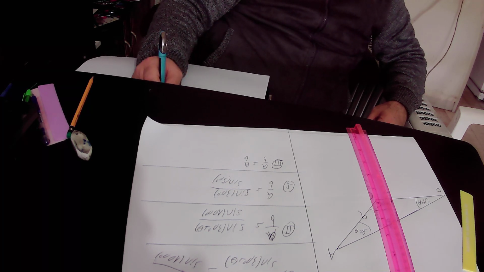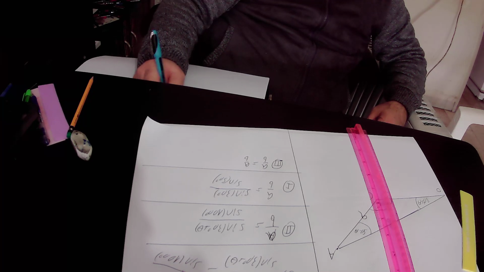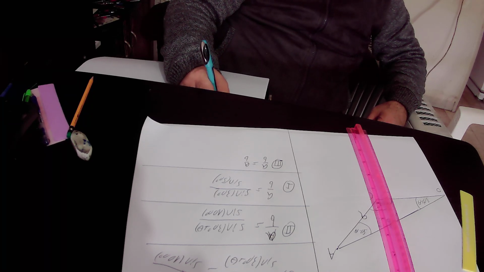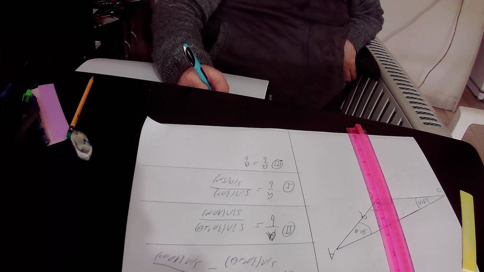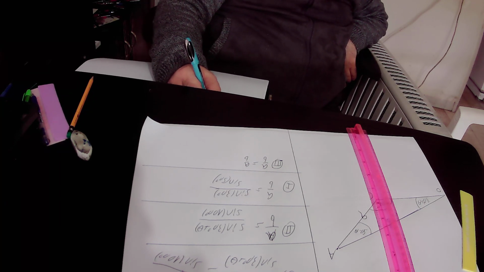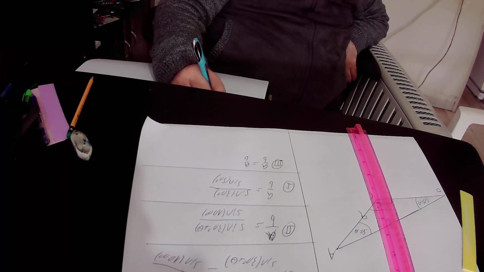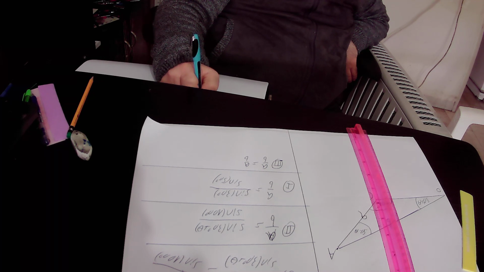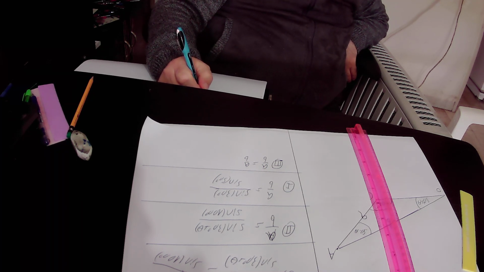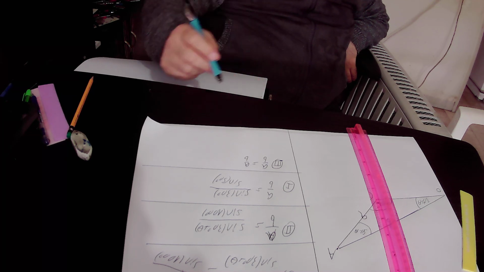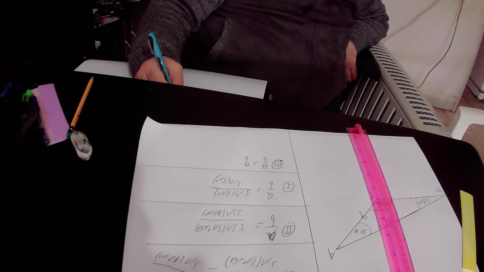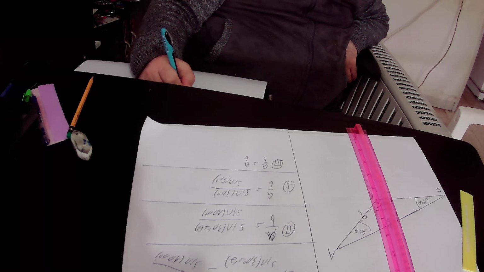So we get that A over B according to equation number 1 is equal to sine 30 degrees over sine 50 degrees, and it equals A over B according to equation number 2, which equals sine 30 degrees plus theta over sine 100 degrees.